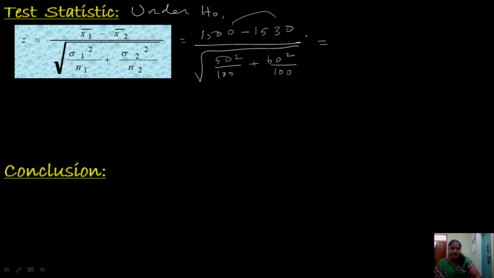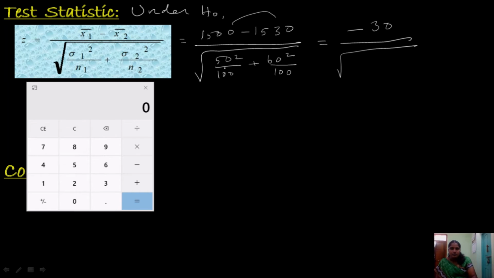By simplifying, 1500 minus 1530 means minus 30 in the numerator, over the square root of 50 square, that is 50 multiplied by 50, we get 2500, and divide this by 100, you get 25. For 60 square, 60 multiplied by 60 you get 3600, and dividing by 100 you get 36.